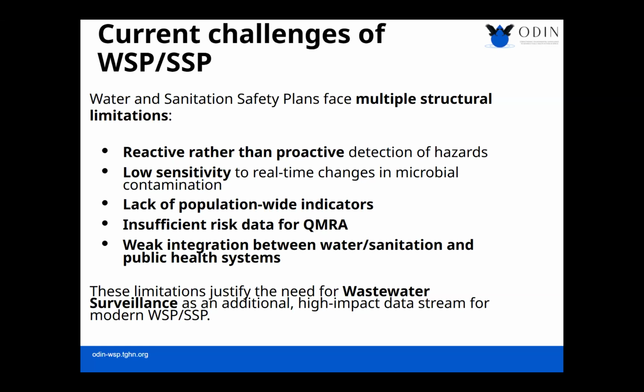The third is the weak integration of water and sanitation safety with the public health system. A previous colleague already highlighted that. All these limitations justify the need for using wastewater surveillance as an additional high-impact data stream to modernize water safety plans and sanitation safety plans.